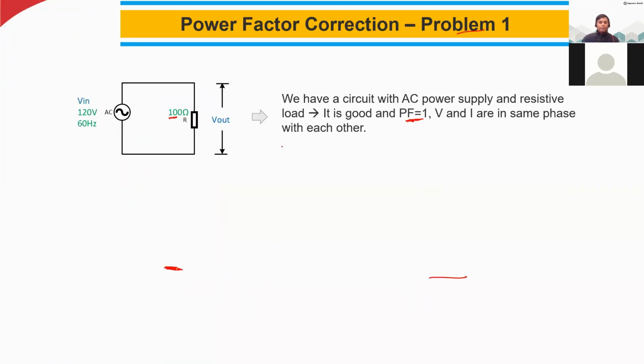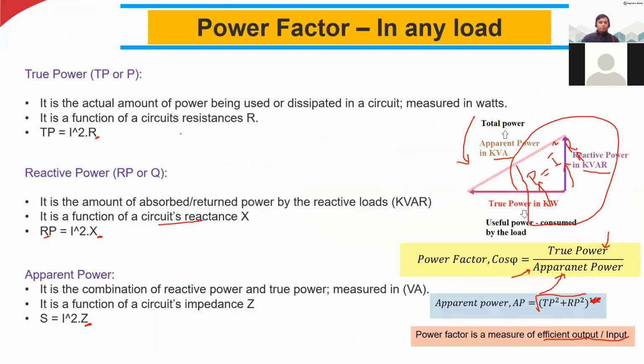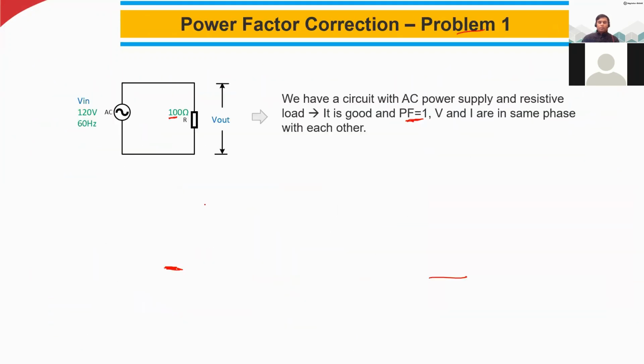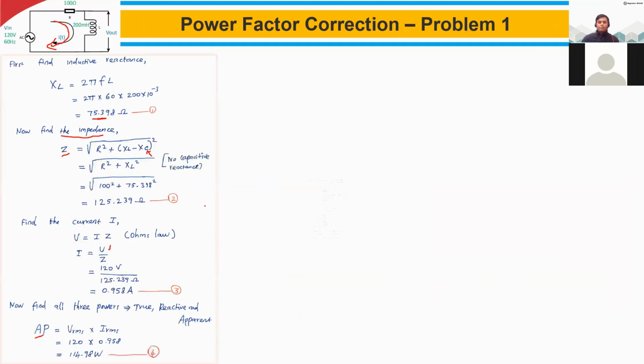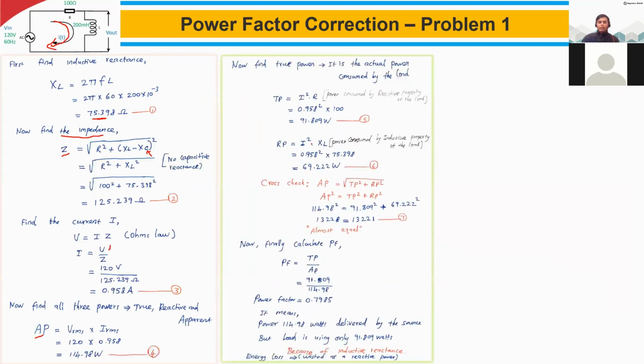These formulas we had seen just before, so we are using the same formulas for true power, reactive power, and apparent power. You know the I value and you know the XL value you have already found. So this is the value of the reactive power.